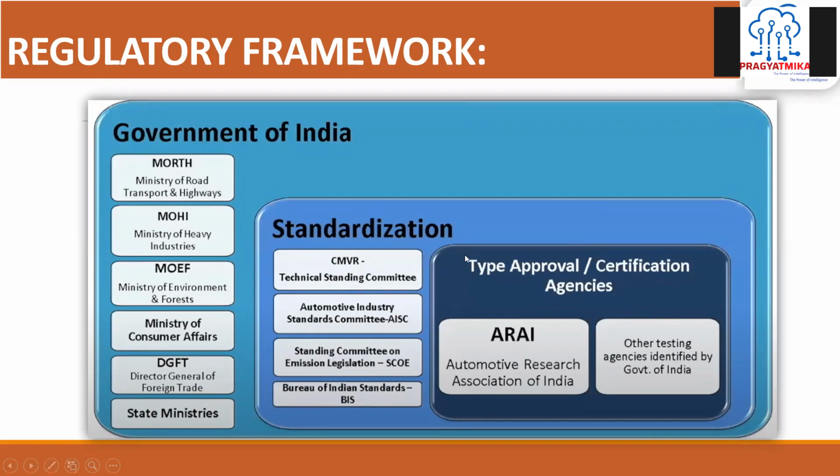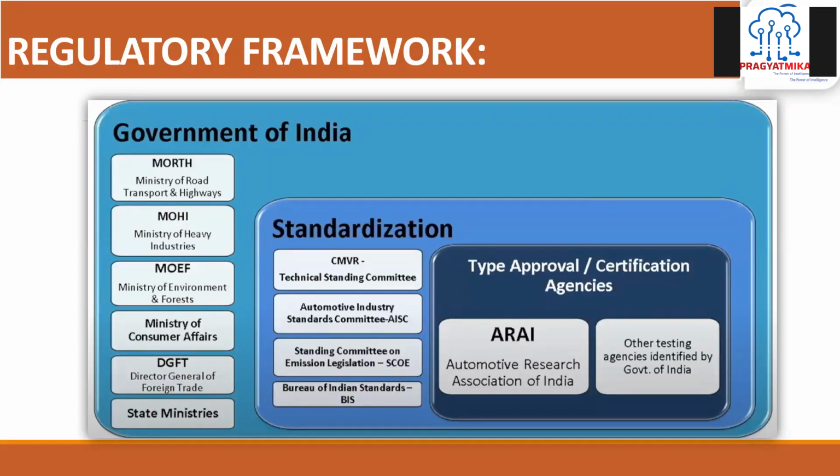And the regulatory bodies there is the CMVR, the Central Motor Vehicle Rules. And then there is the Automotive Industry Standards Committee, so AISC looks towards the new standards and regulations which need to be framed.